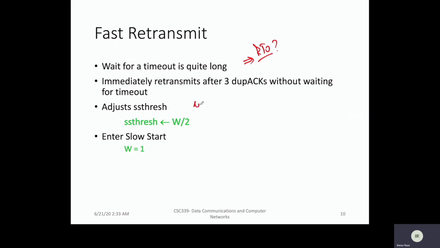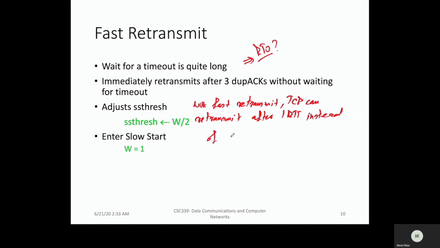With fast retransmit, TCP can retransmit after 1 RTT, instead of waiting for the retransmission timer to time out. So as soon as we receive 3 duplicate acknowledgements, we quickly enter into fast retransmit mode and we start sending the data.